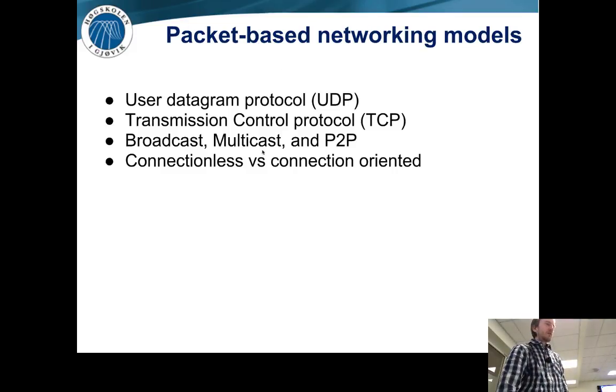Do you know what broadcast, multicast, and peer-to-peer networking is? Yep. I know what peer-to-peer is. When you have two clients talking to each other, just sending information between each other, and you might have a whole group of people just sharing information. That's right.